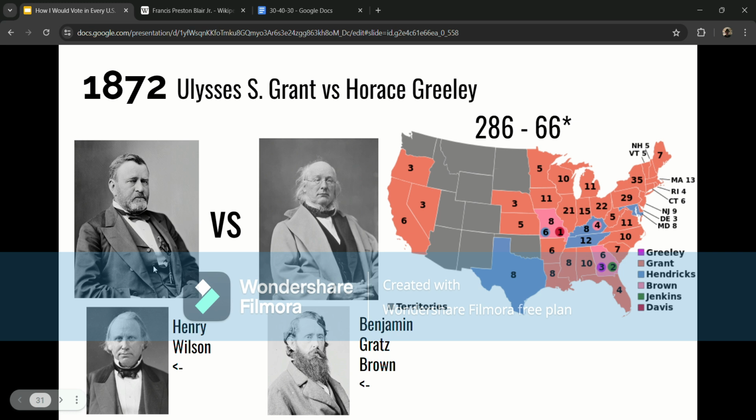They thought that Grant was pretty corrupt, which, to be fair, his administration was pretty decently corrupt, even by this point in time.